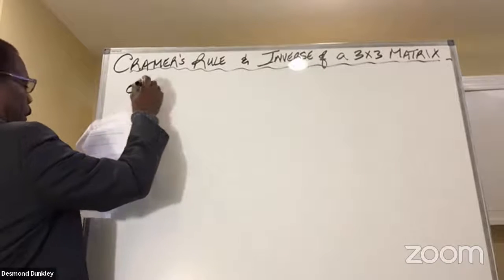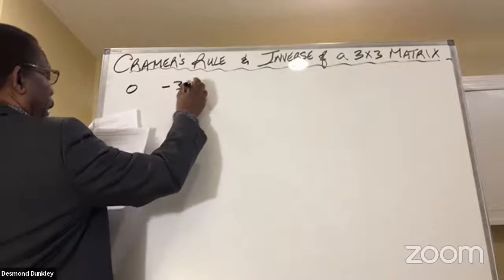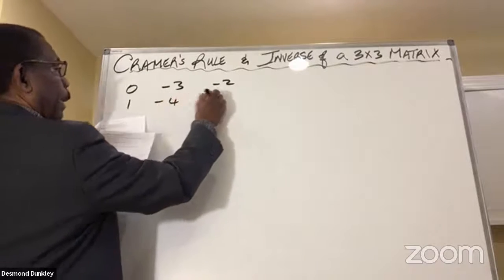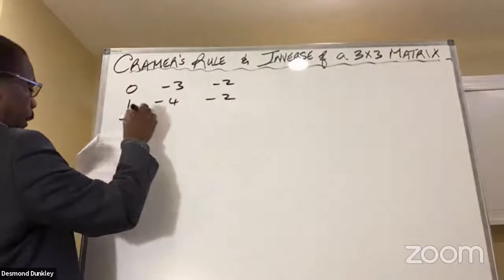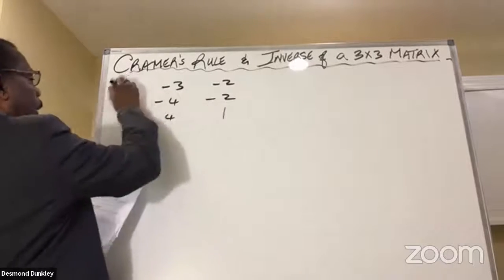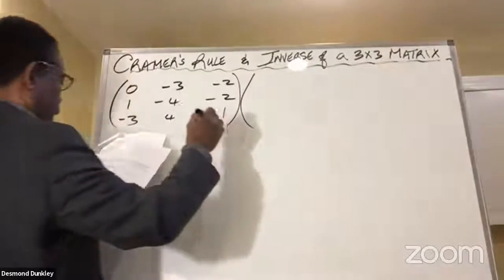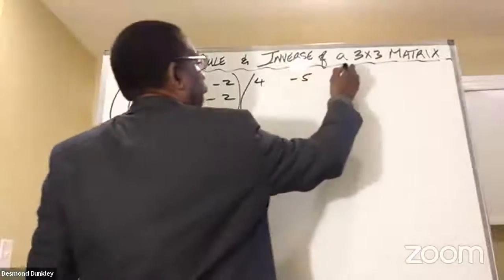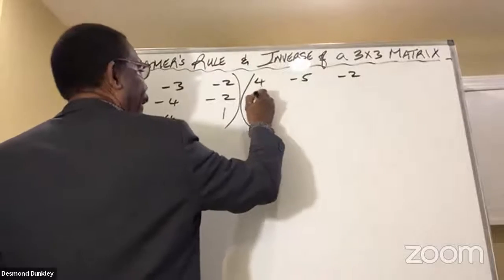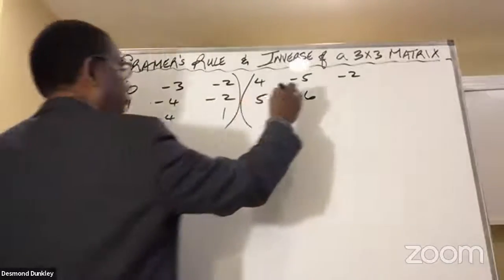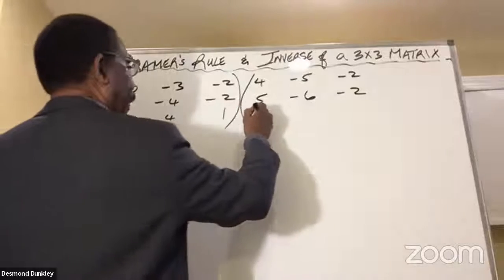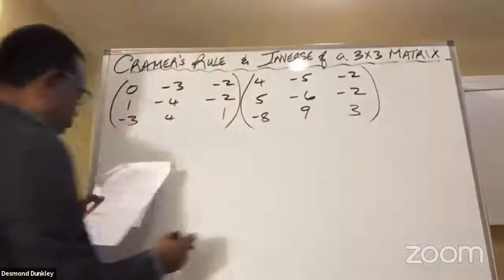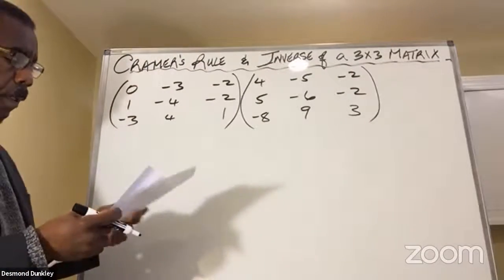If I gave you the matrix 0, -3, -2; 1, -4, -2; -3, 4, 1. And we're saying that 4, -5, -2; 5, -6, -2; -8, 9, 3 is its inverse.